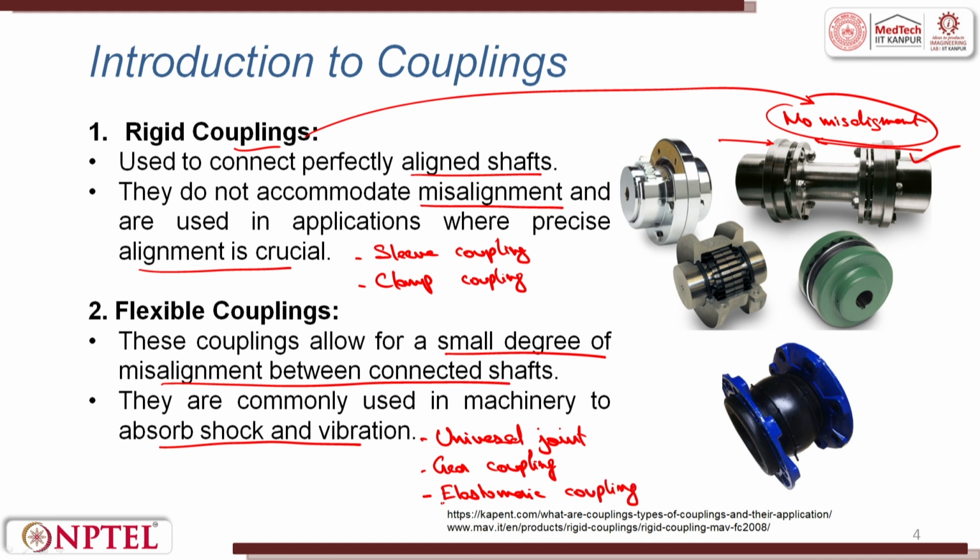When I say elastomers, they are materials or polymers such as rubber, a rubber-like material which has the property that it can be stretched. When stretched, even then it comes back to its original position. So, a flexible coupling accommodates the misalignment between angle, between axes or so.